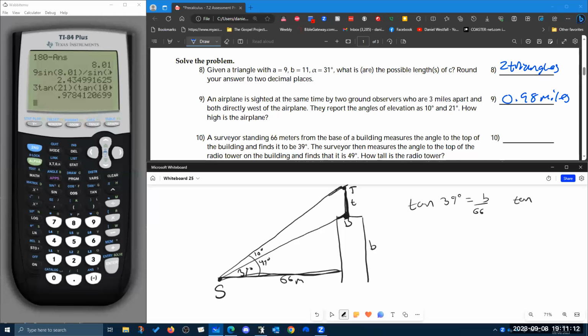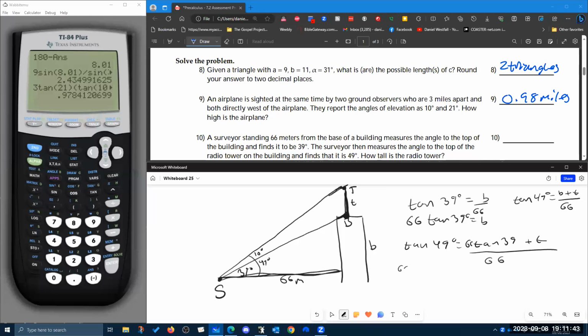Tangent of 49 degrees is equal to B plus T over 66. Just like I did last time, I'm going to make a substitution. 66 tan 39 is equal to B. So tan 49 is equal to 66 tan 39 plus T over 66.